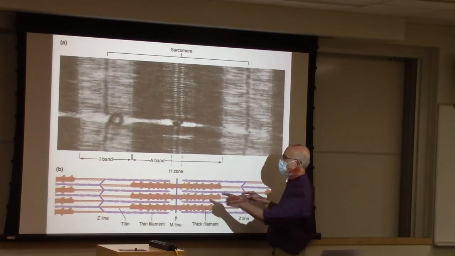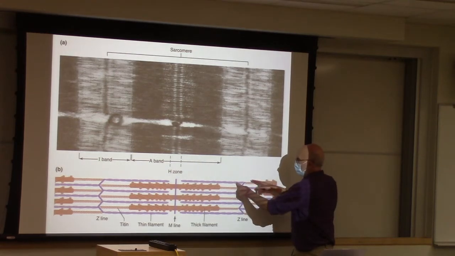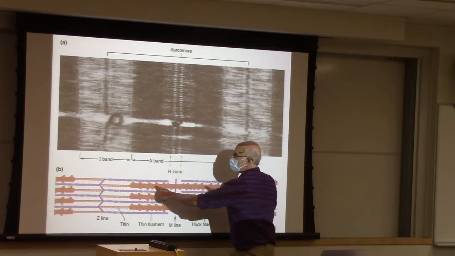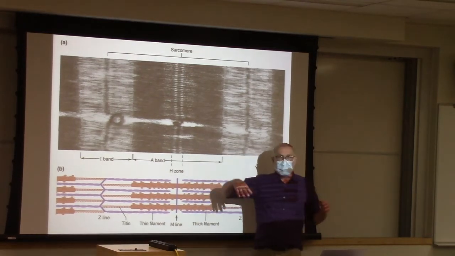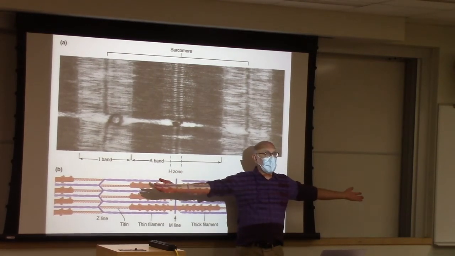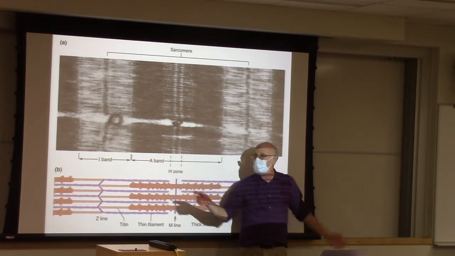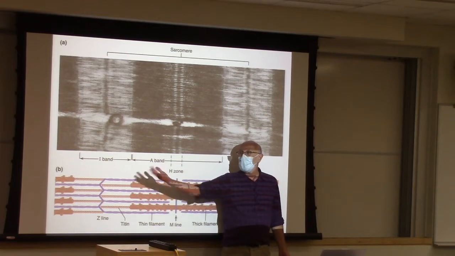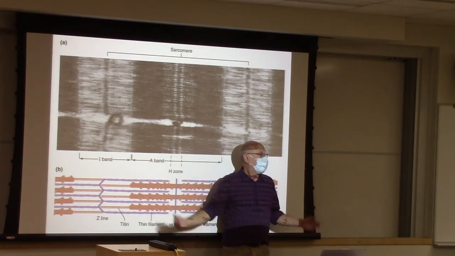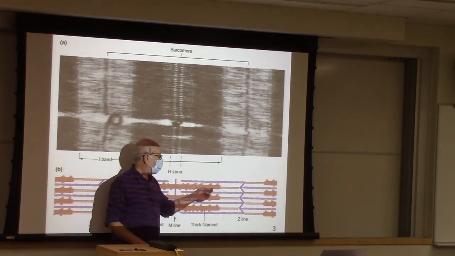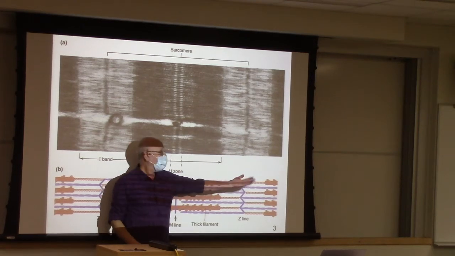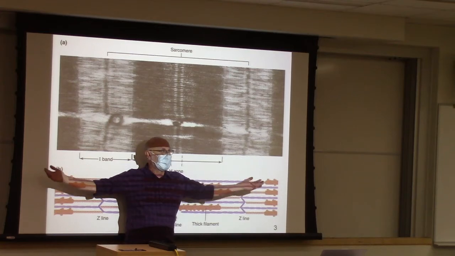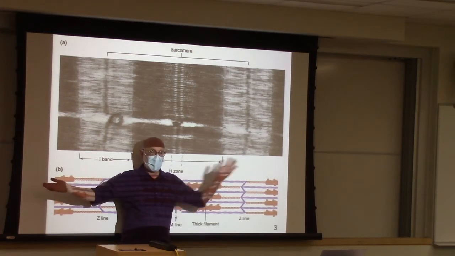What you need to know are actin thin filaments connected to Z discs and myosin thick filaments in an opposing perspective. So the head groups of myosin on this side are reaching out this way, and the head groups of myosin on this side of the M line are reaching out this way. So the myosin thick filaments are anti-parallel.